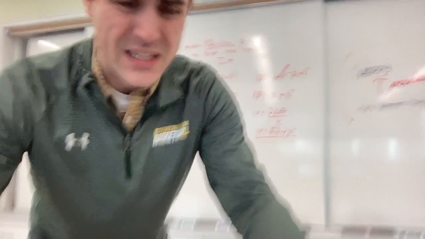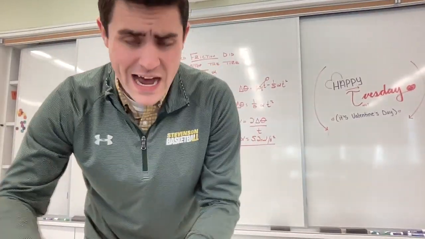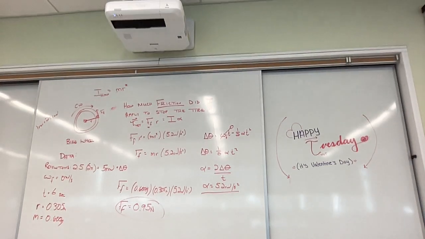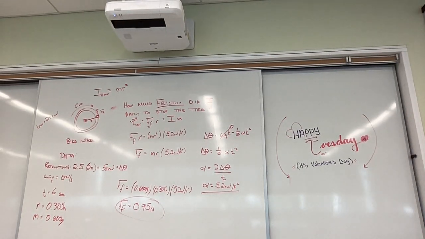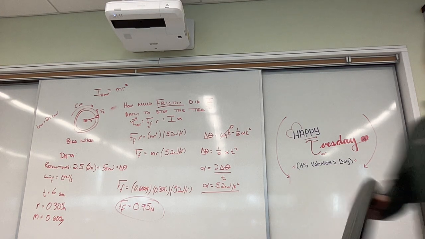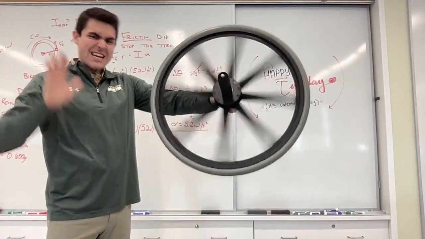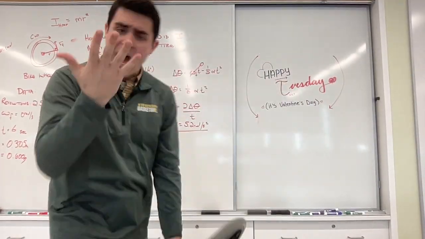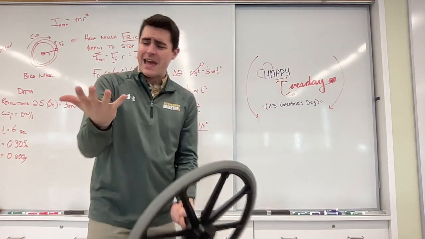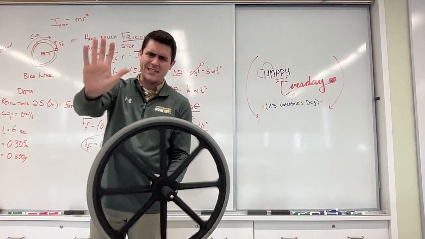Let's see if that makes sense. 1 Newton is not a lot of force. It's gently touching. There's not a lot going on there. But I want you to imagine at home, how much would it hurt if you applied a lot of force to this bike tire? If I'm bringing this thing to a stop and I'm spinning it and I slam my hand on it, I get, ow! That's going to give my hand like a rug burn, right? It's going to burn my hand.